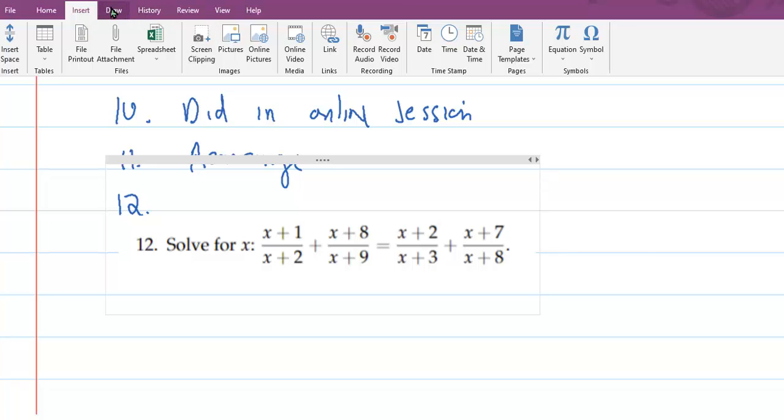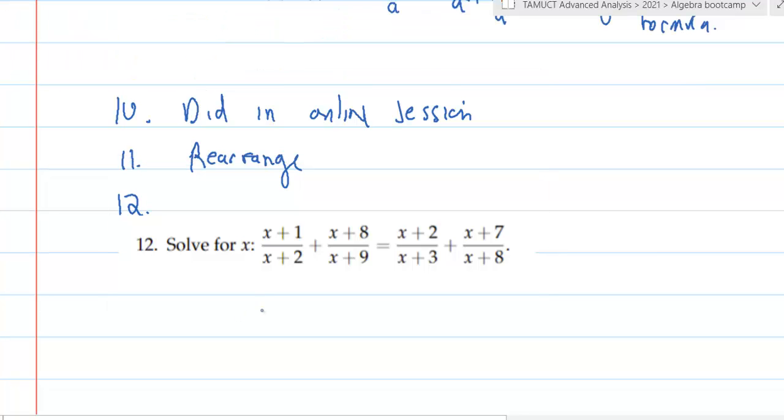If you think about things here, when you do partial fractions, let's reduce this fraction as much as we can, right? Okay, so for instance, x plus 1 over x plus 2. Okay, if you do this long division, you'll get x plus 1 over x plus 2, like this.